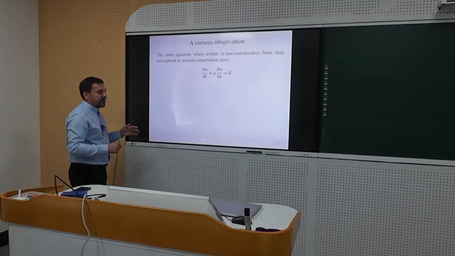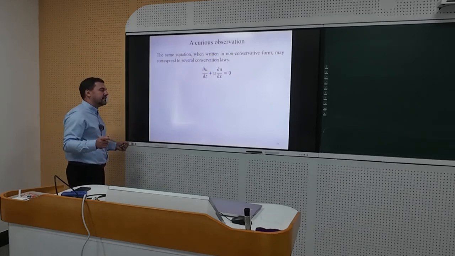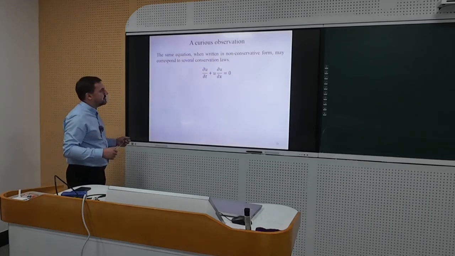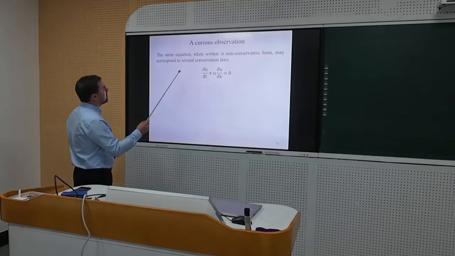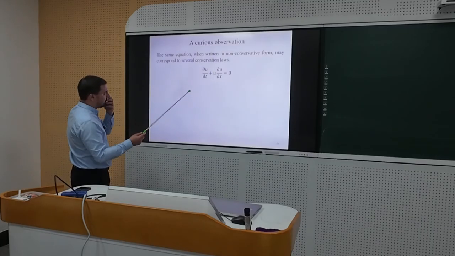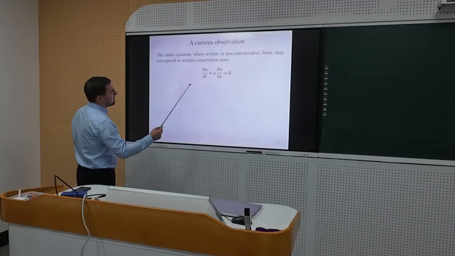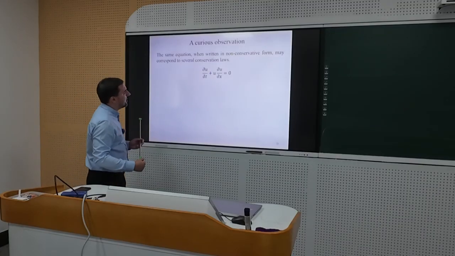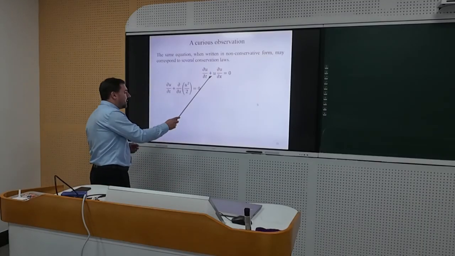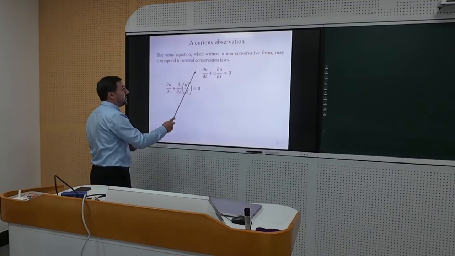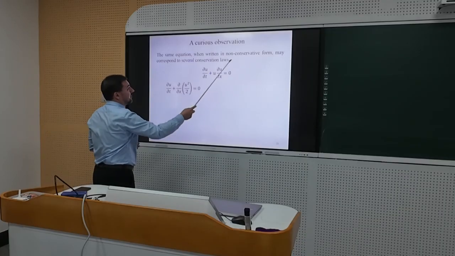There are, however, some mathematical issues. The same equation, when written in non-conservative form, may correspond to several conservation laws. What does it mean? Consider this Hopf equation, right? And we carried out the following thing. This Hopf equation is in quasi-linear form, non-conservative form.